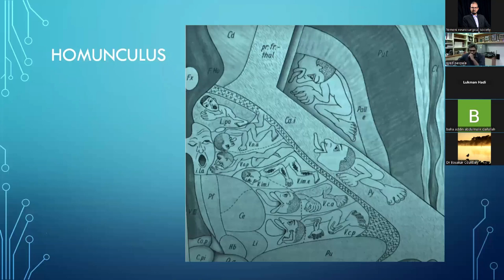And the homunculus in the thalamus is very complex. One thing to make it simple to understand is that the head part is oriented medially, and the limb part is oriented laterally here. It is complex and difficult to understand also.